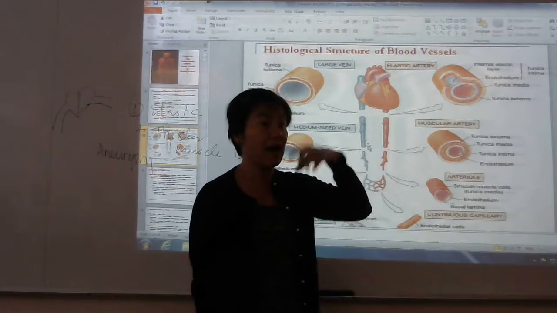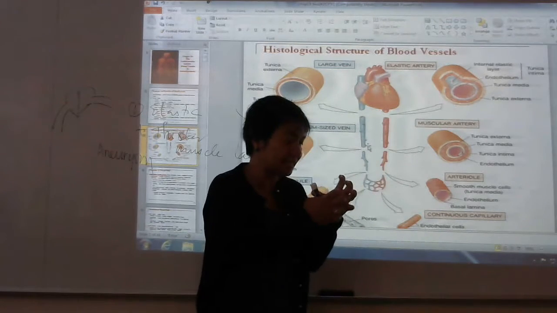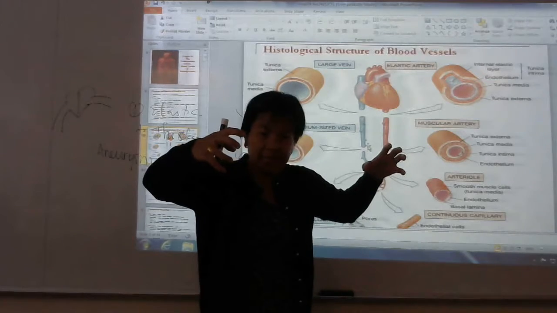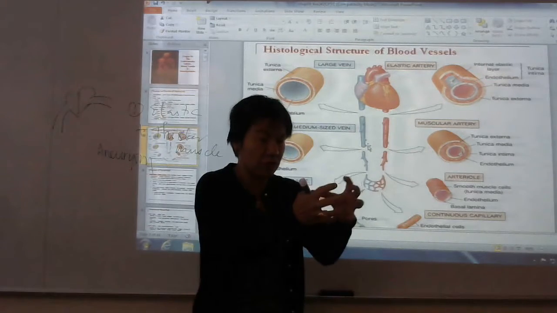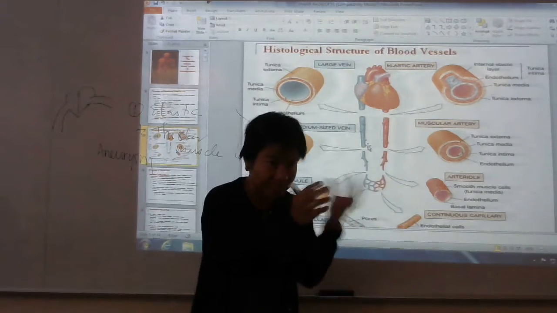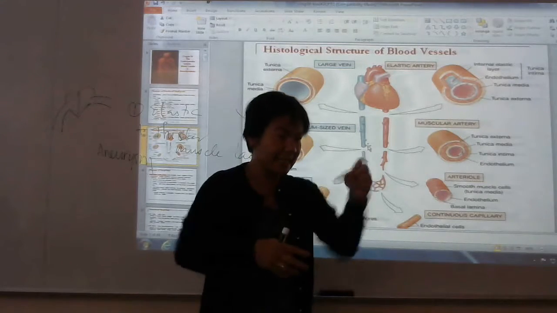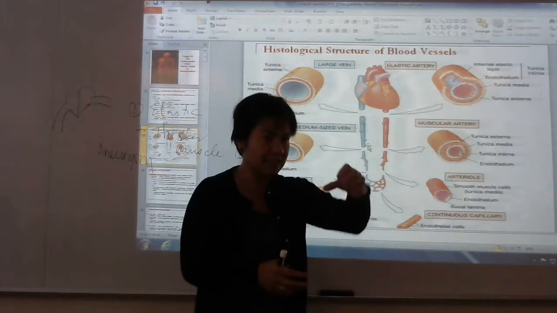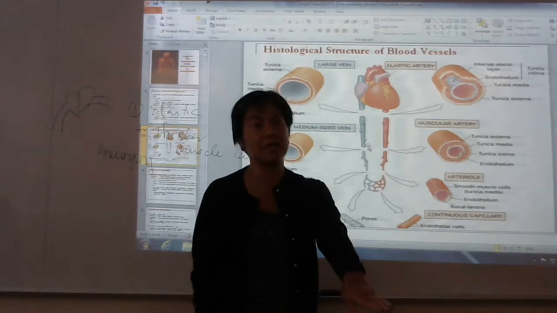So this artery, the reason why it has that elastic fibers, when it expands and then it goes back, don't you think it's trying to keep that pressure, right? And then it has to contract to really push the blood.